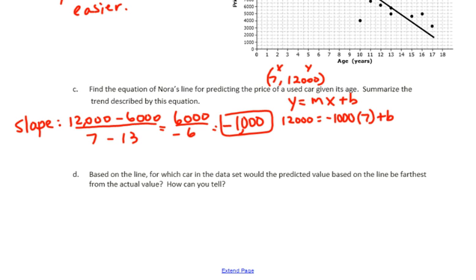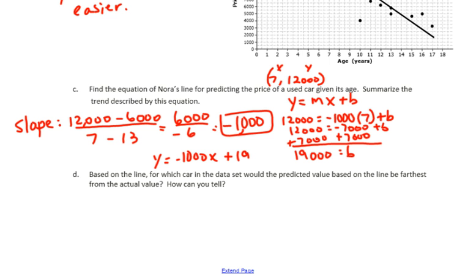And now all I have left is b. So I want to find out what b is. And I do that by solving the equation for b. So negative 1,000 times 7 is negative 7,000. I add that to both sides. So 19,000 equals b. That's what I want. So my equation is going to be y equals negative 1,000x plus 19,000.